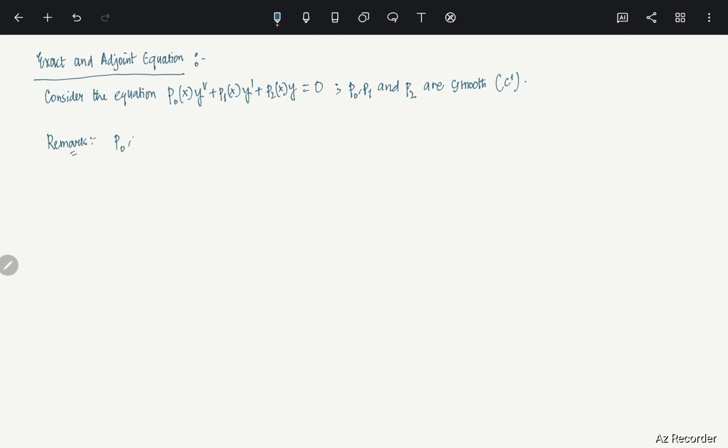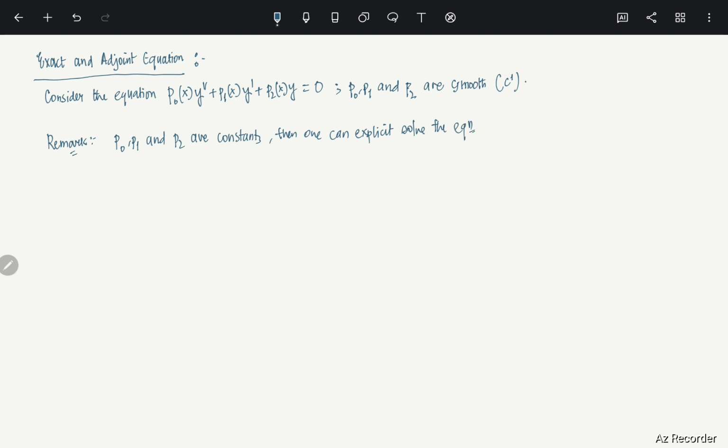So if P0, P1 and P2 are constants, then we can solve the problem, right? One can explicitly solve the problem. You remember e to the power mx kind of thing, right? Solve the equation.